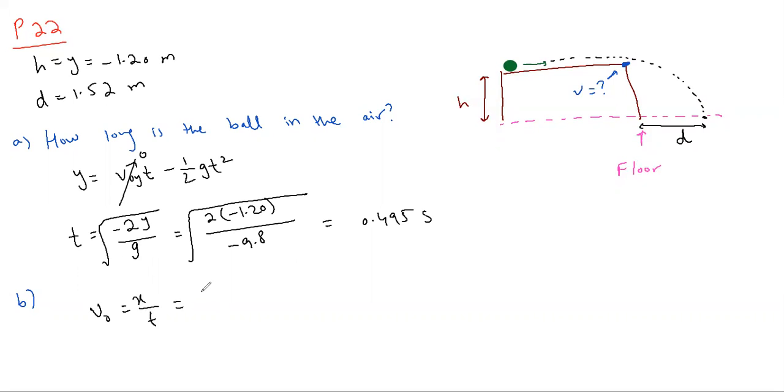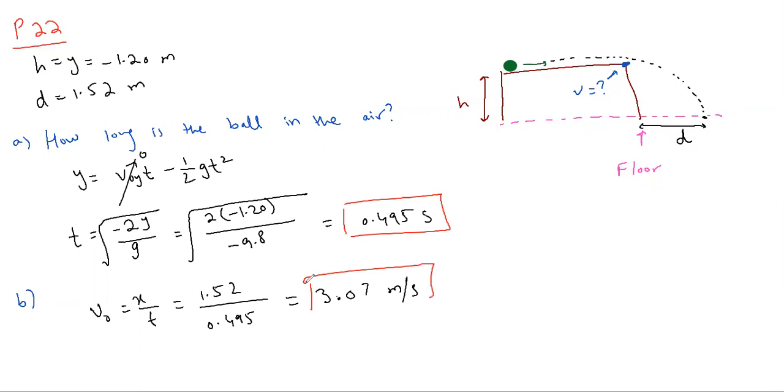So x is 1.52, divided by 0.495, so this will be 3.07 meter per second. So this is how you will find the time of any object in this situation.